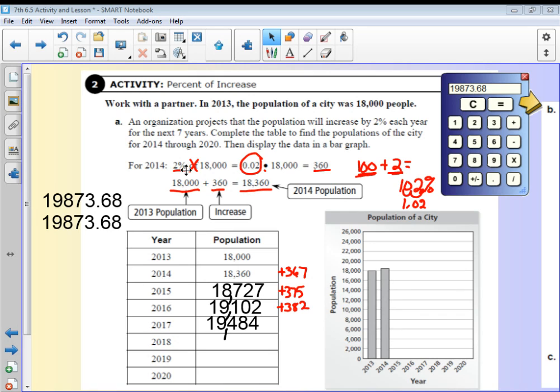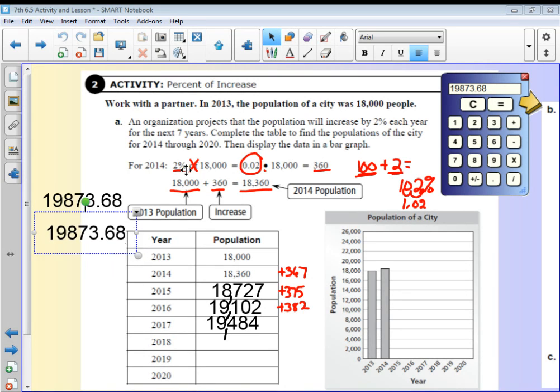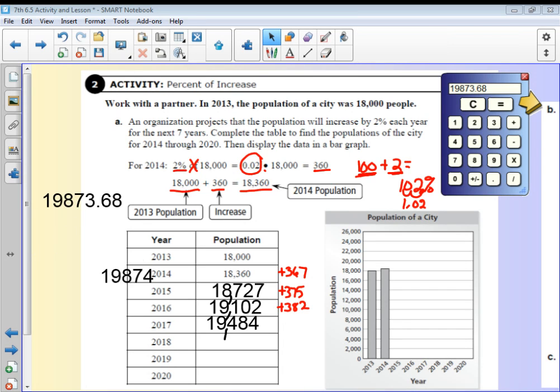Now if I go through and actually round that, I would round it to 19,874. It's just another method that you can do.